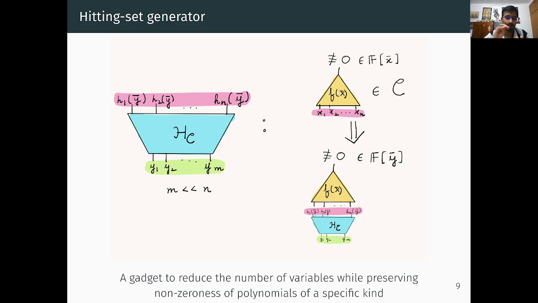So it takes a few variables and expands them using polynomial maps into many variables, so that whenever you compose this gadget with any non-zero polynomial that you care about, it remains non-zero. And this is useful for deterministic PIT algorithms because now that you're in the low variable regime, you can use a naive hitting set here, which gives you savings when you're talking about structured classes of polynomials.